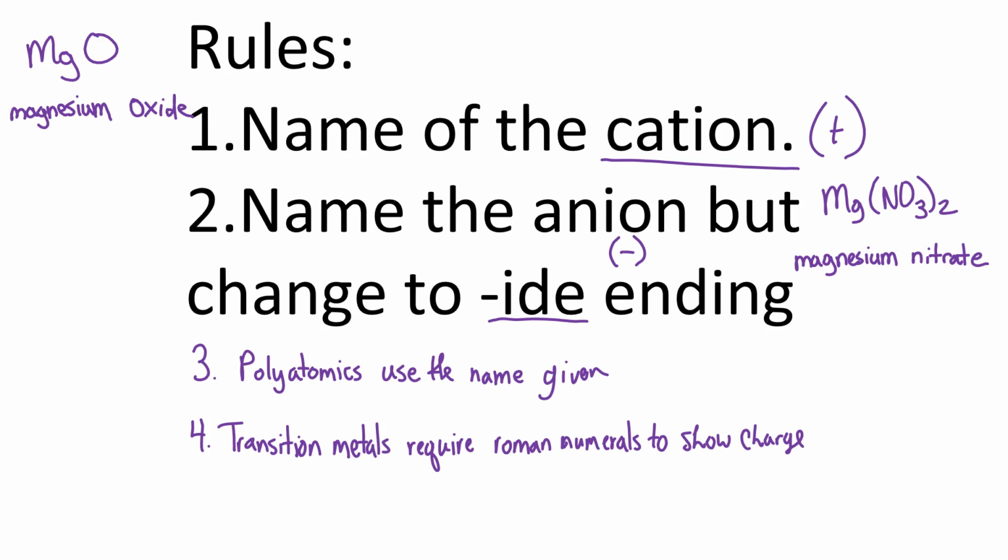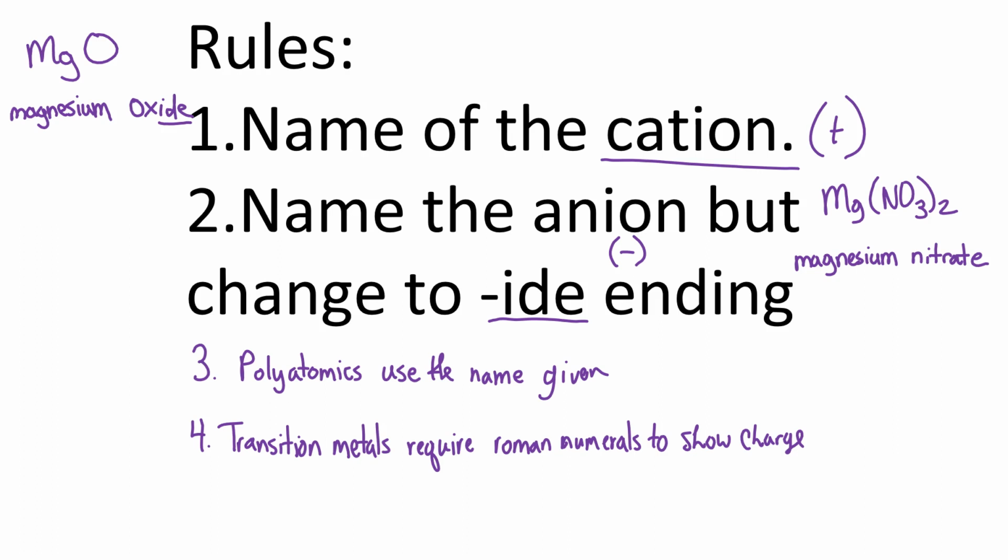All right, so MgNO3 becomes magnesium nitrate. So notice if it's binary, the ending is IDE. If it's a polyatomic, you're going to see an ending like ATE or ITE.